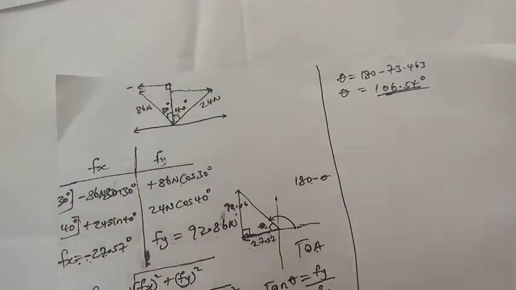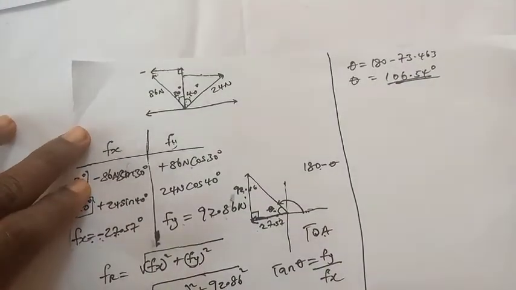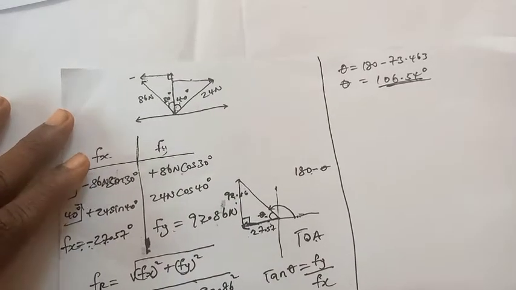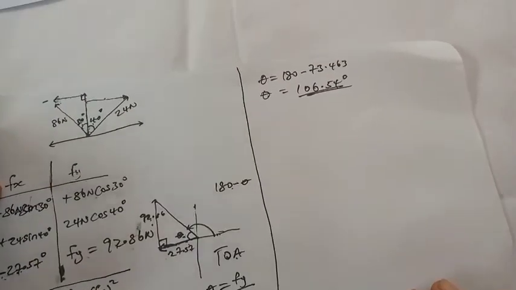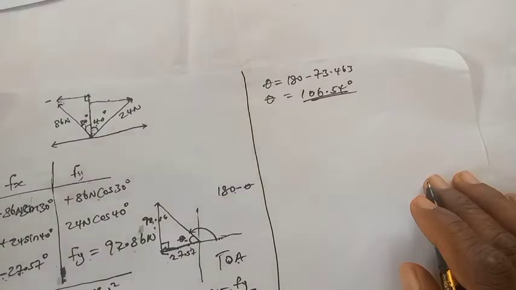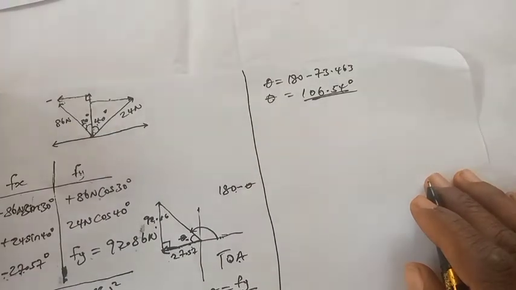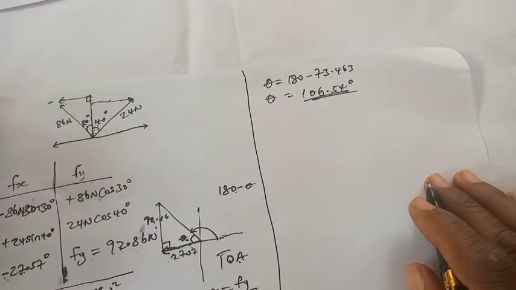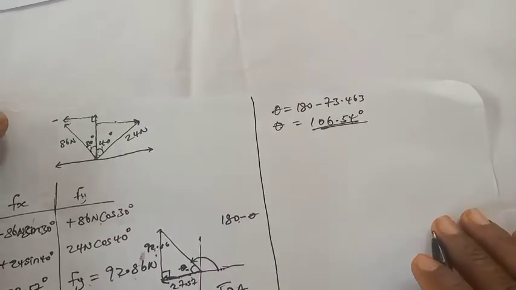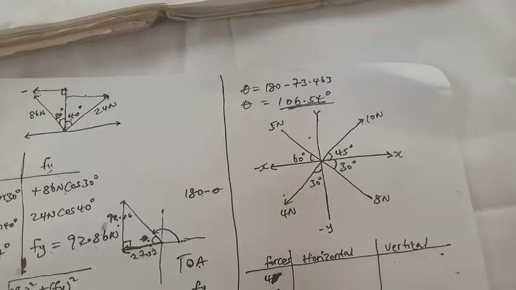So this is how to find the horizontal component, vertical component, the resultant of the forces, and then the angle between them. By this, we're able to solve all the questions we come across on the resolution of forces using horizontal and vertical components. But let's solve one more question.